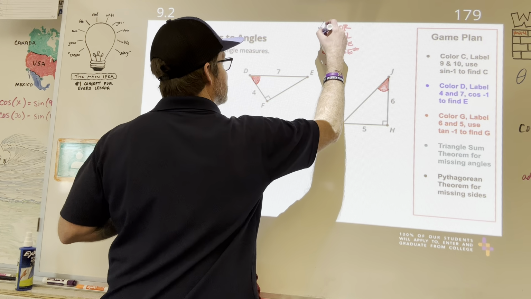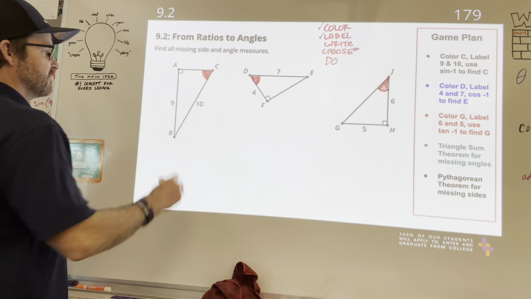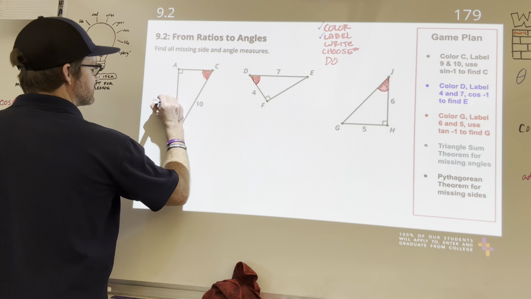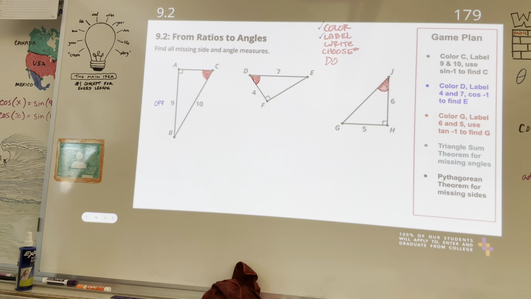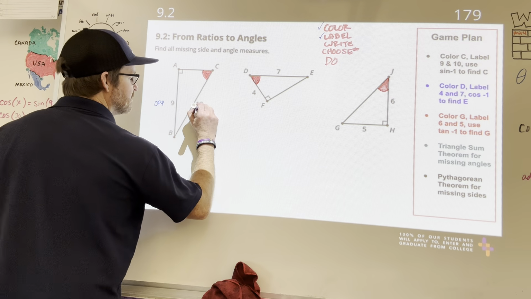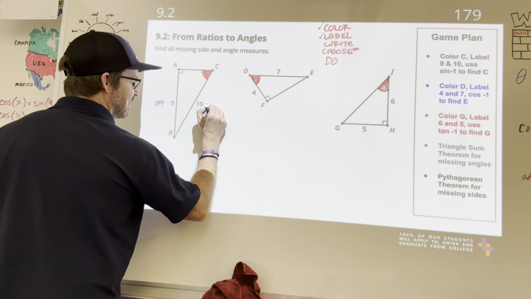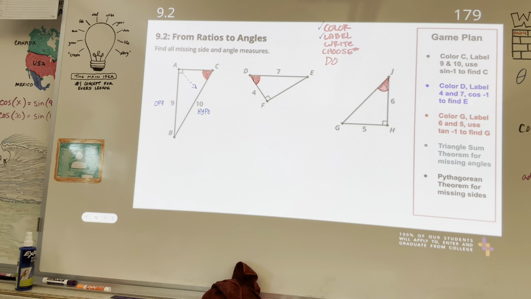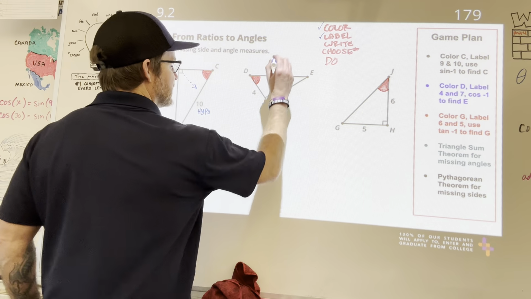Here comes the labeling. This is opposite because it does not touch the angle. This is hypo because it's the longest side, and you can figure it out because it's across from the 90.